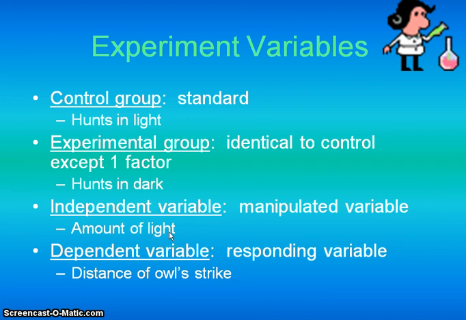Okay, that's the manipulated variable. With the dependent variable, what they're measuring is the distance that it takes the owl to strike its prey. Okay, so that's what's being measured, so that's the dependent variable. What could be kept standard is that you're only using owls. We're not testing different types of birds at the same time, and that there is actually prey available. So those could be standardized variables.